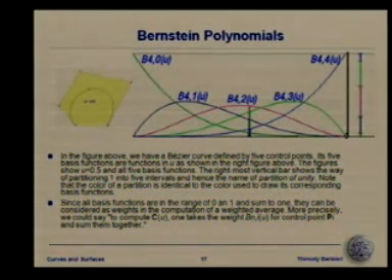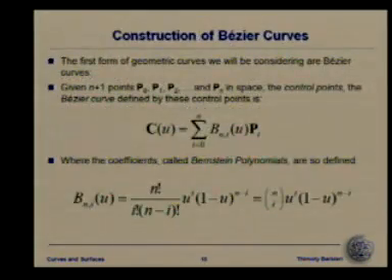In fact, you see that here, at P0, B40 equals 1, all the others equal 0, right? So in your definition over here, all the coordinates are nullified, except the first one, when u equals 0.